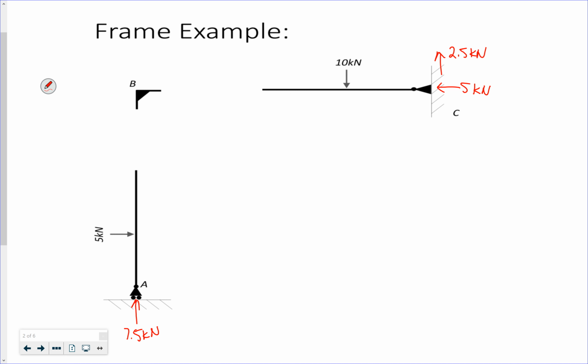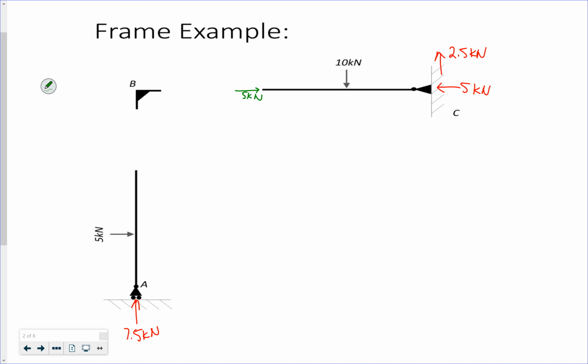So if I do the sum of the forces in the x direction on the beam, I have an axial force of 5 kilonewtons going to the left. So on the opposite side, I need 5 kilonewtons going to the right. So that beam is in axial compression.